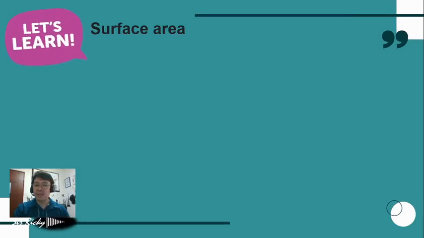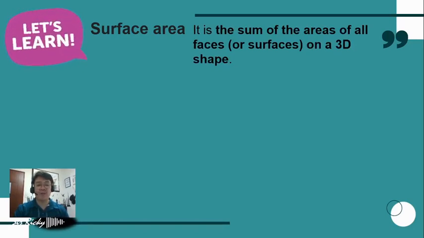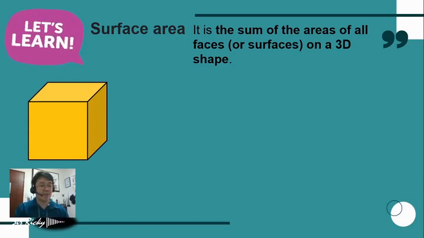But before that, let's analyze and understand what surface area is. When we say surface area, it is the sum of the areas of all faces or surfaces of a 3D shape or solid figure. To find out the total surface area of the box being used by Ricky, let's understand first what solid figure is meant in the given word problem.